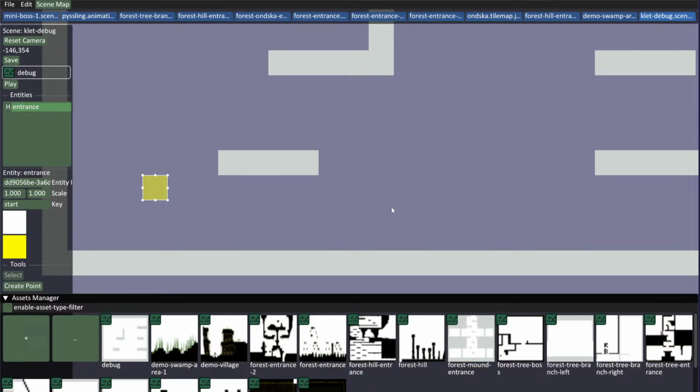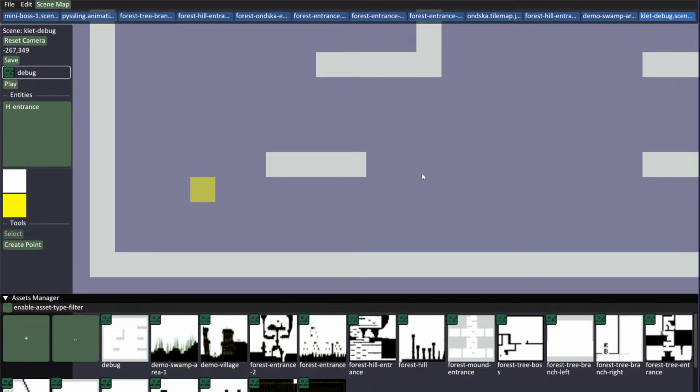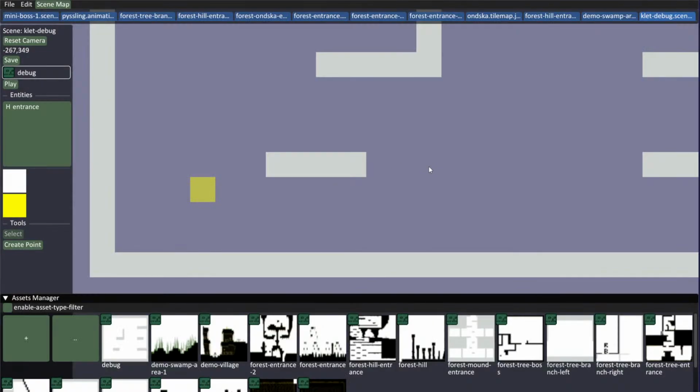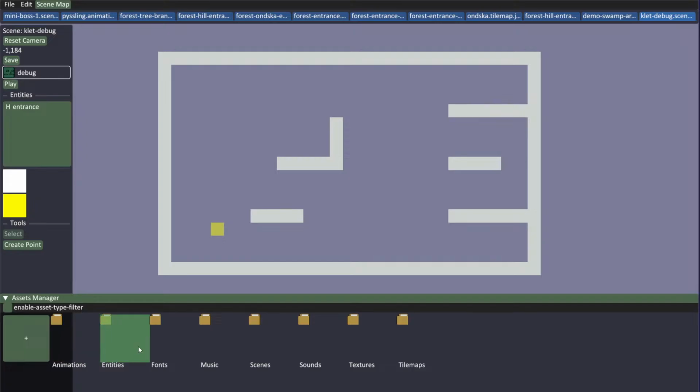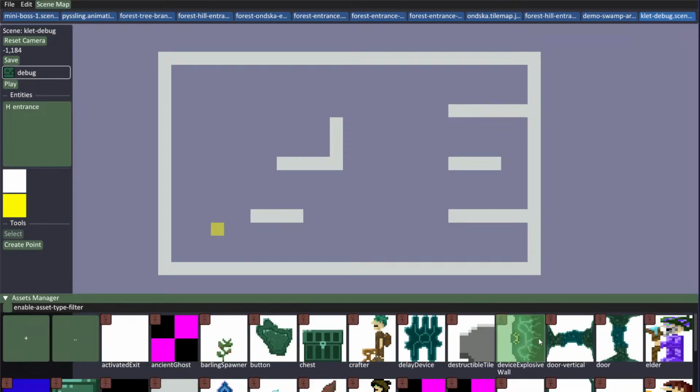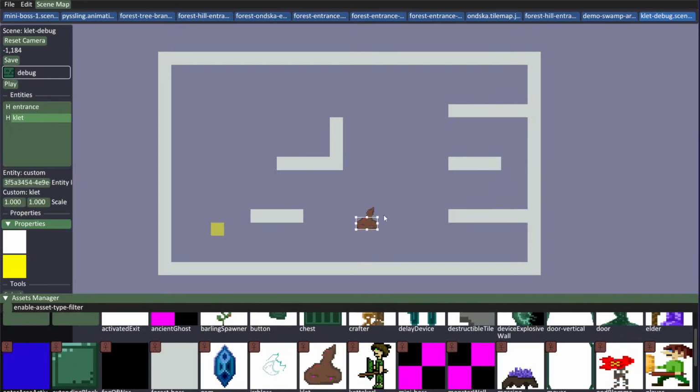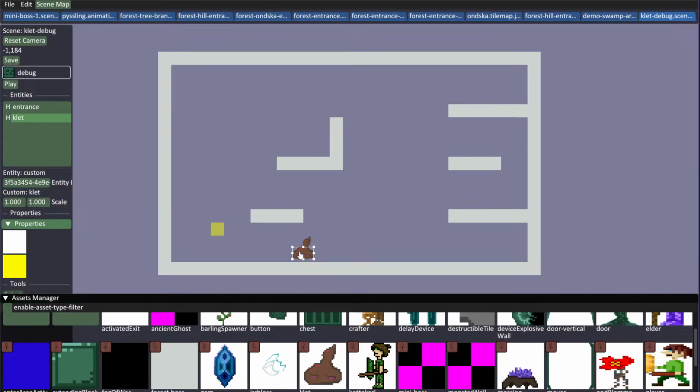Hello, Raunaxrar. What's up? Okay, let's test this out. There we go. And then we'll add a little bit of Kleet. Sounds kind of funny in Swedish, but yeah.